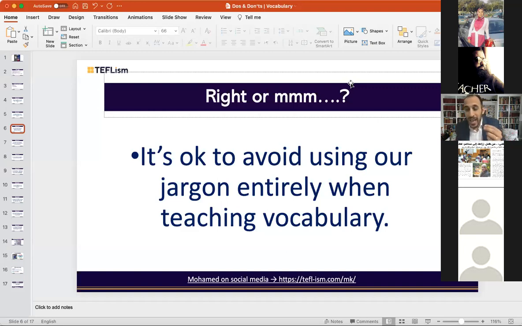Do not use our deep terminology. Conjugate: will they ever need this word in their lives outside the classroom? They will never need this word, unless they're planning to be teachers of English. So use the simplest terms in our jargon. Okay.